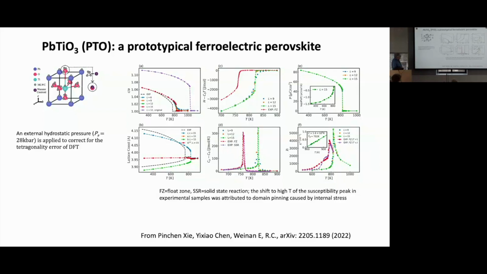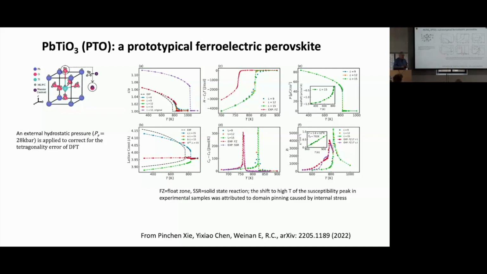So the phase transition is predicted to occur with this model at a few hundred Kelvin above. This is a result of what is called the tetragonality error of the DFT approximation that overestimates the strength.